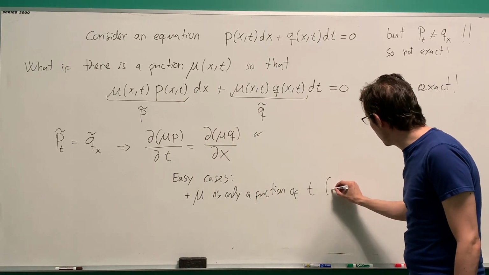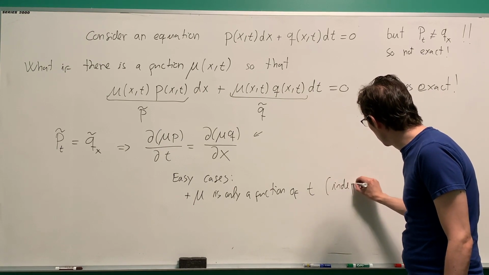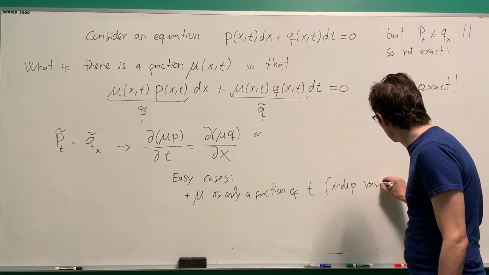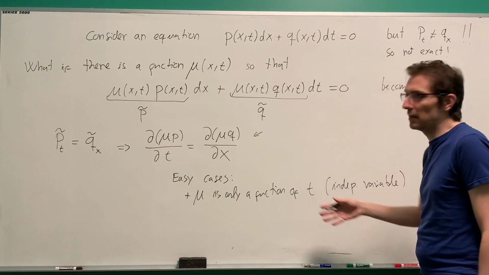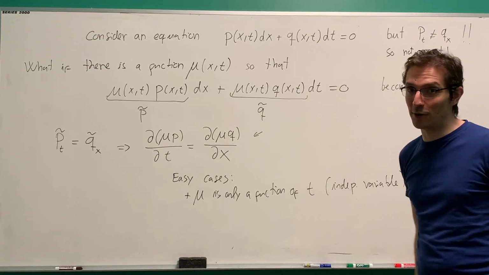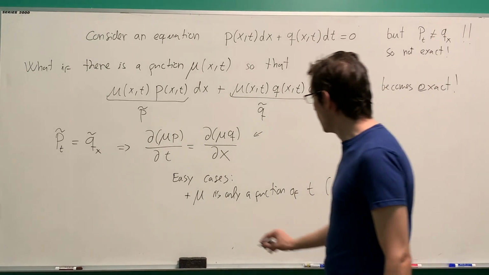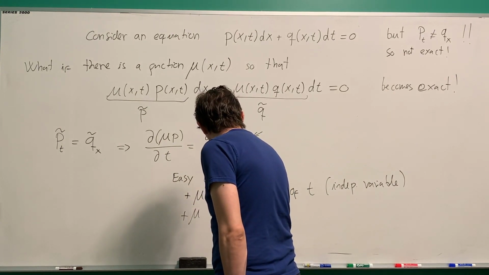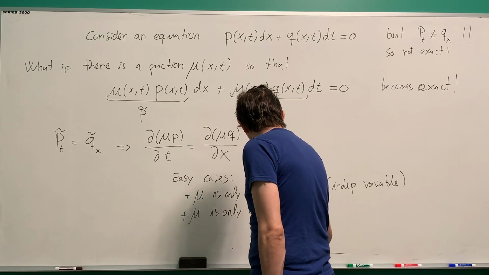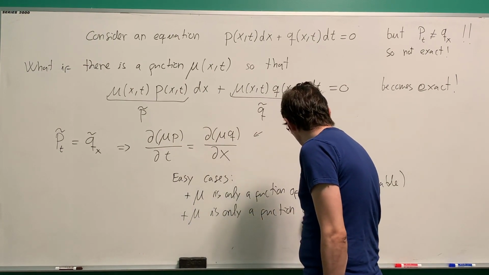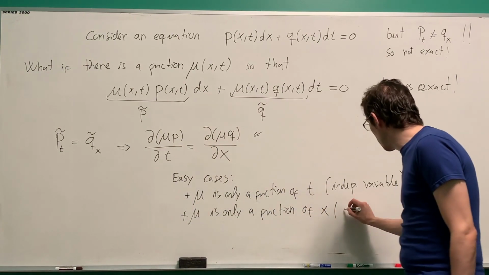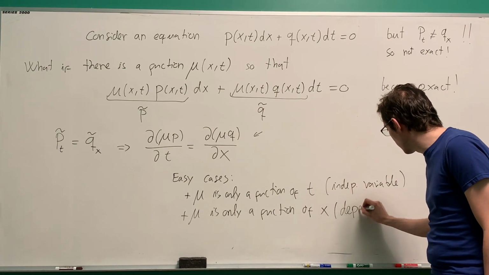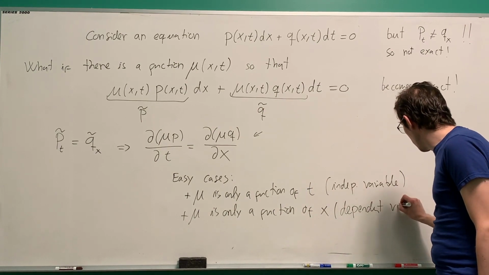What I mean by that is the independent variable. It's t here, but it could be x in a different equation and y be the dependent one. Another case that is easy is mu is only a function of x. Well, actually, what I mean by that, a function of the dependent variable.